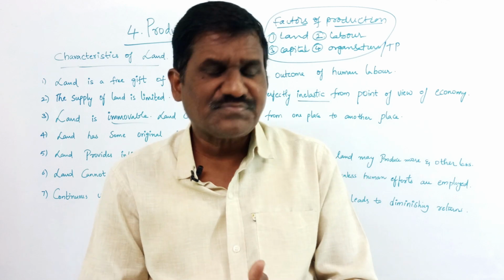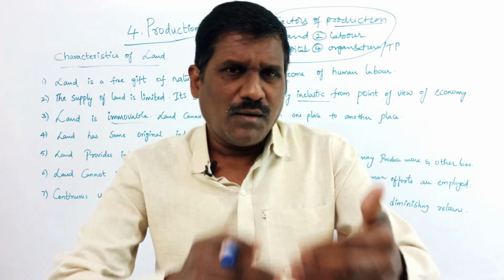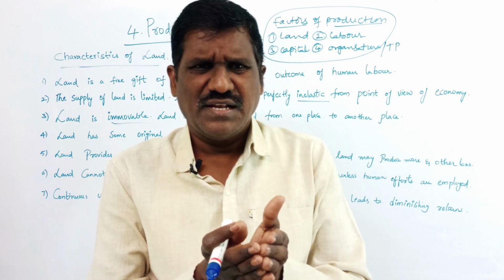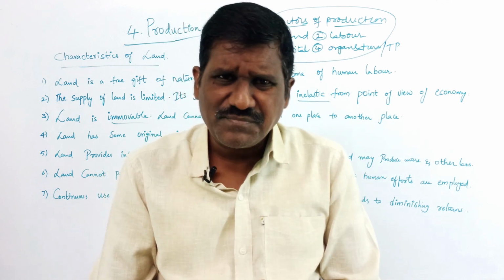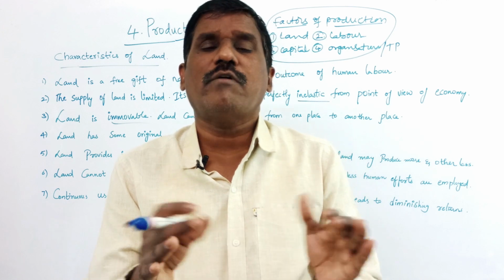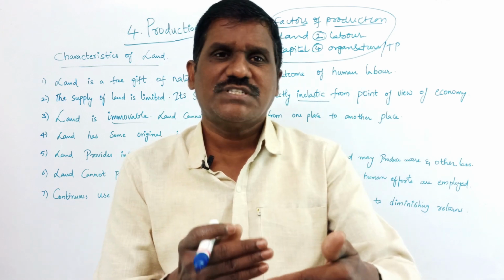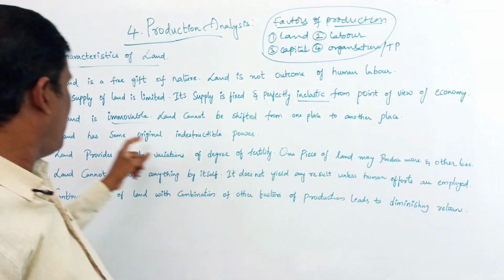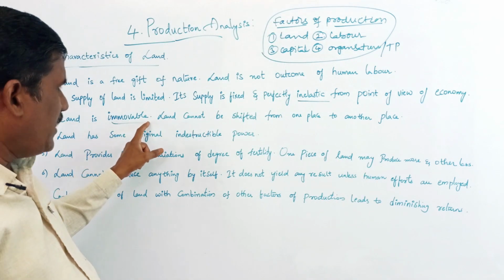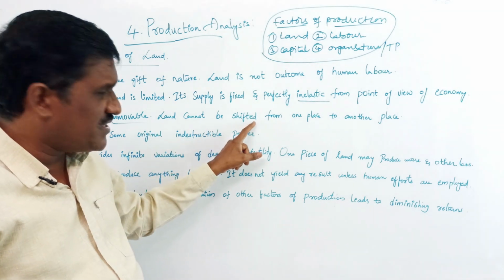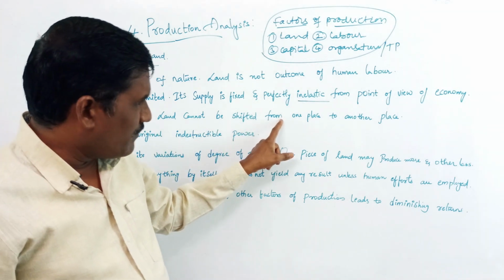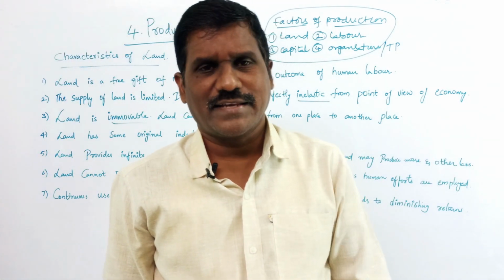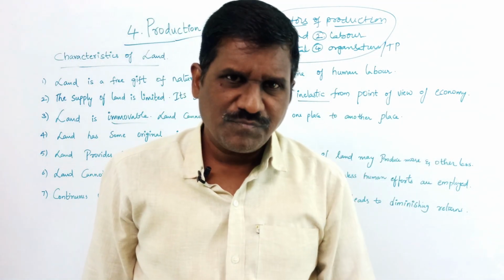It is not possible to move it from one place to another, because it is fixed. Land cannot be shifted from one place to another. So this is also one of the characteristic features of land.